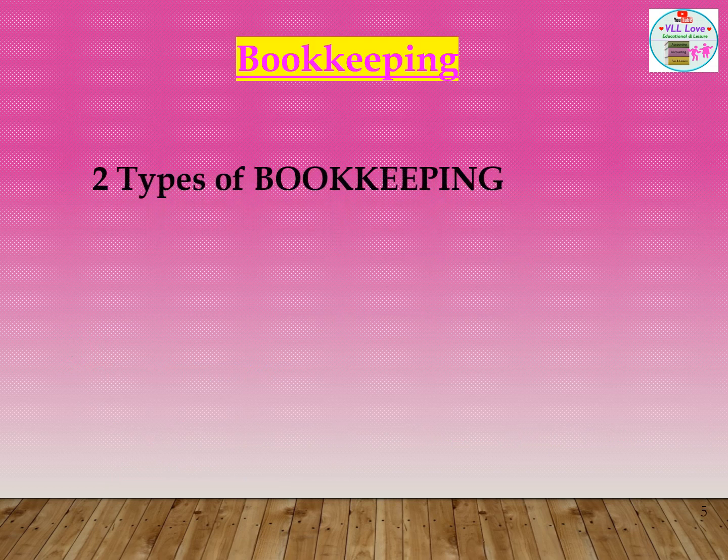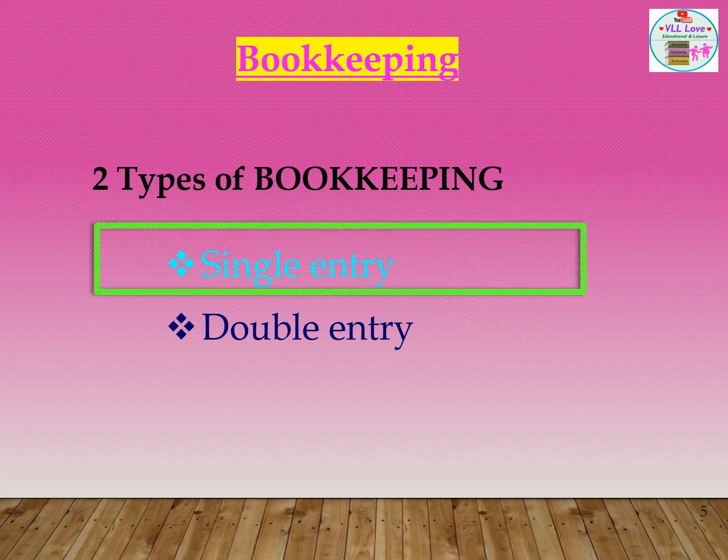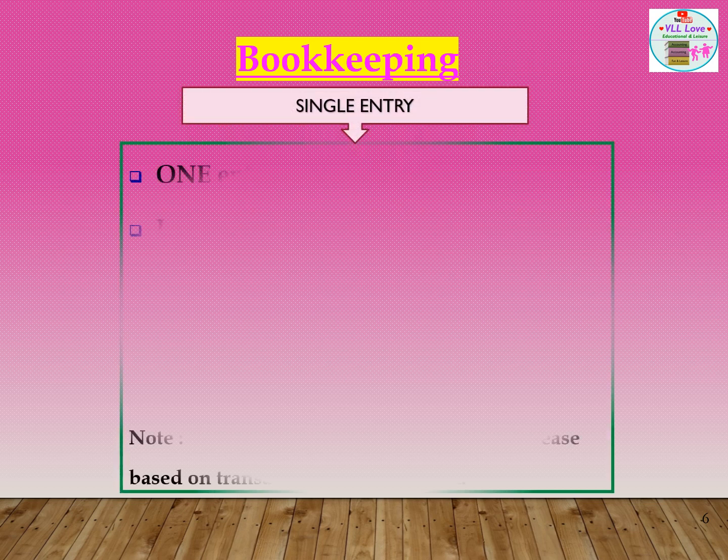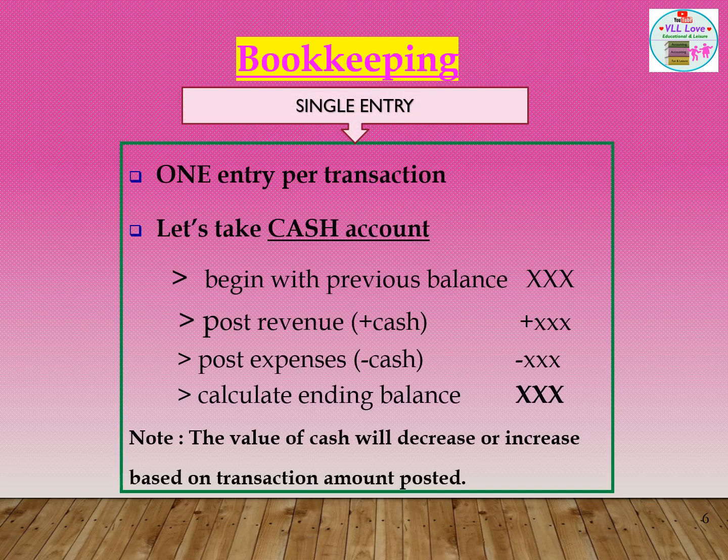We had previously discussed the two types of bookkeeping, and in line with today's purpose, we will be using the single entry bookkeeping. In the single entry, there's only one entry per transaction. So let's take the cash account, for example.